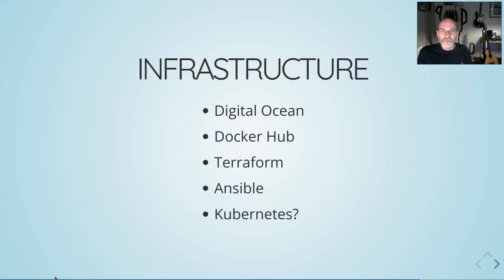What kind of infrastructure are we using? We've already touched on the fact that we're using Docker, so we're running this all on DigitalOcean. At the moment, we're just spinning up a bunch of Debian instances, and we're terraforming all of this, and we're using Ansible to provision Docker on there, and we basically deploy all the Docker images with Ansible.